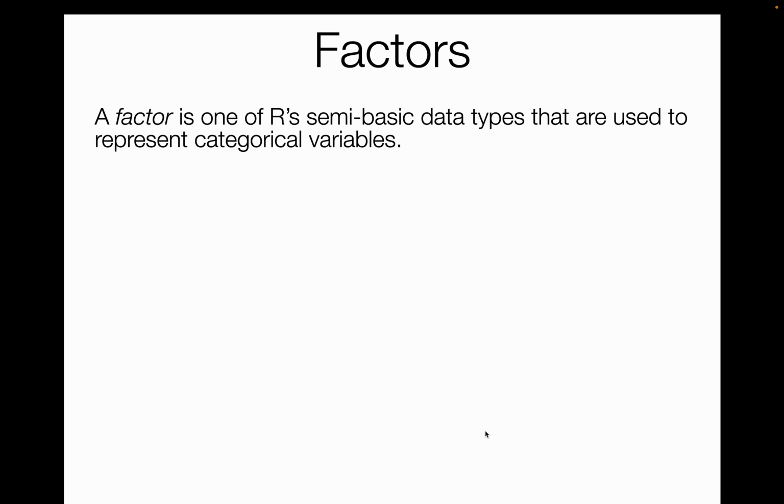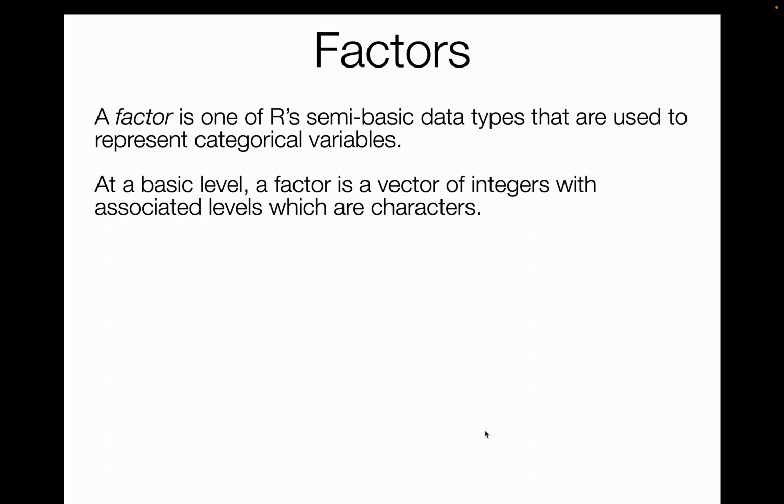It's not really one of the basic ones, but it does exist in base R. We're not coming up with something new here that didn't exist in the sort of base distribution of R. And they're used to represent categorical variables. At a basic level, a factor is a vector of integers with associated levels, which are characters.